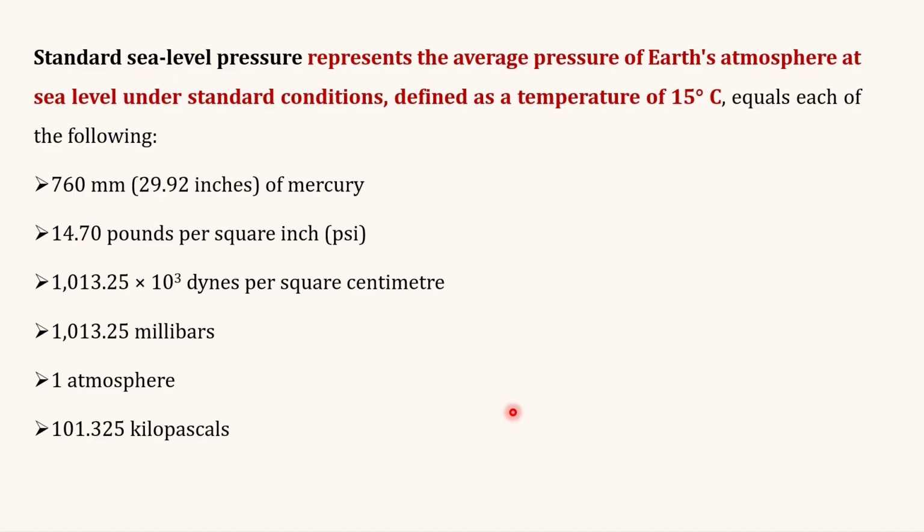As atmospheric pressure varies with the altitude, to maintain the consistency, the atmospheric pressure is reported as standard sea level pressure, which represents the average pressure of the Earth's atmosphere at sea level under standard conditions, which is defined as a temperature of 15 degrees Celsius. So, here we have the standard sea level pressure in different units, and these we have discussed in detail in the last video.